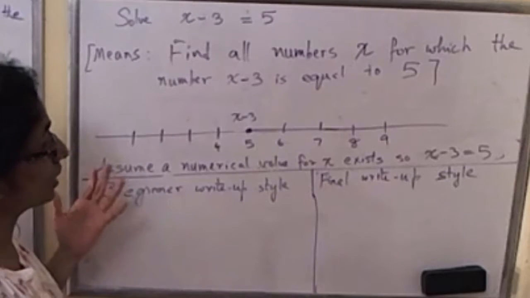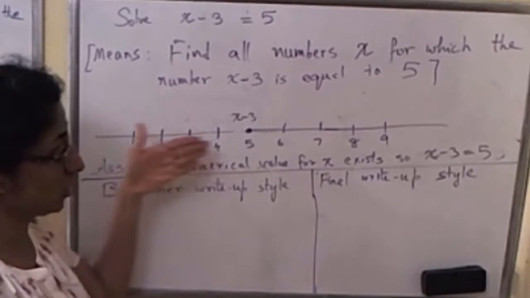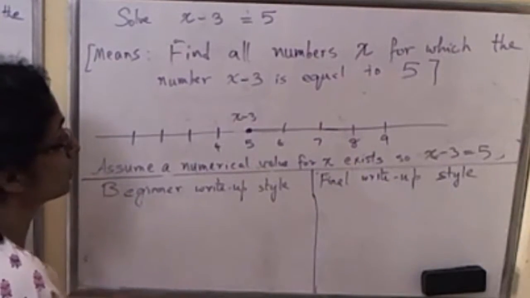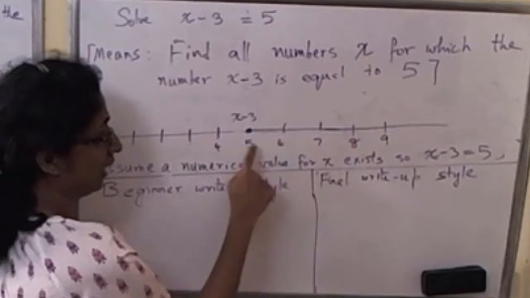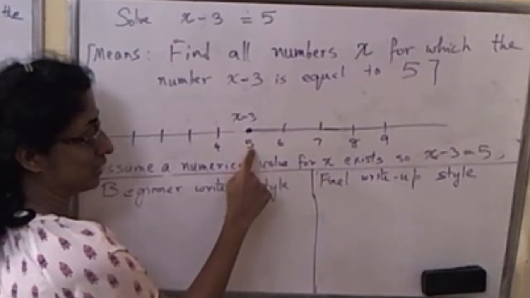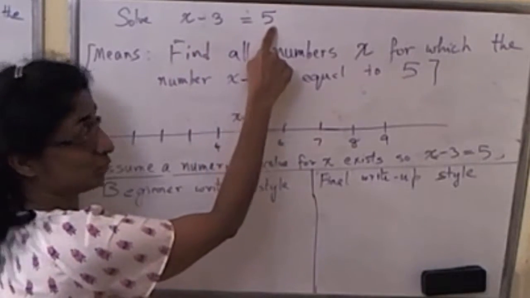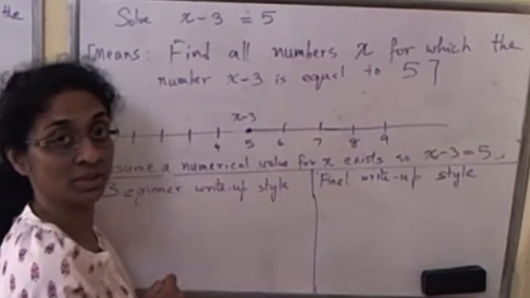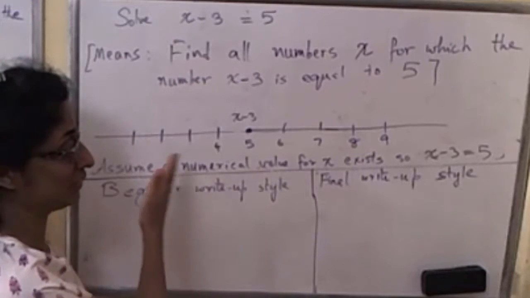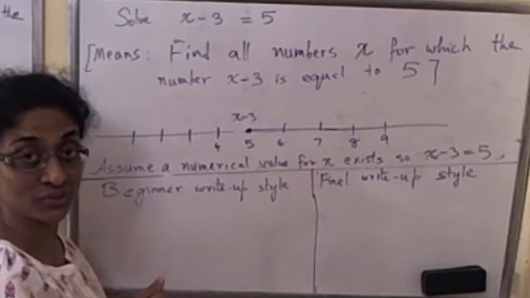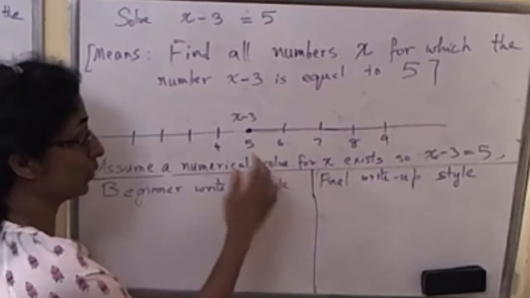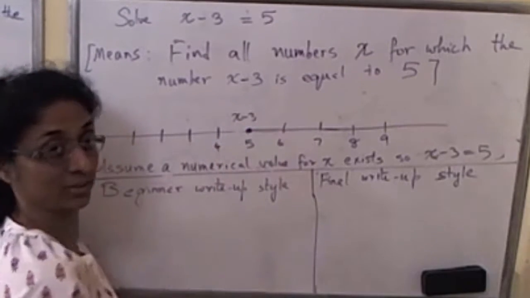So let's go ahead and find that number x using the number line. On the number line, I choose a point and label it as 5 and x minus 3, because x minus 3 equals 5, so they're the same point. And I would like to know if there is a number x on the number line so that x minus 3 is 5.